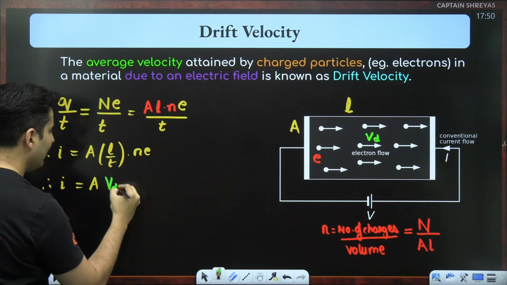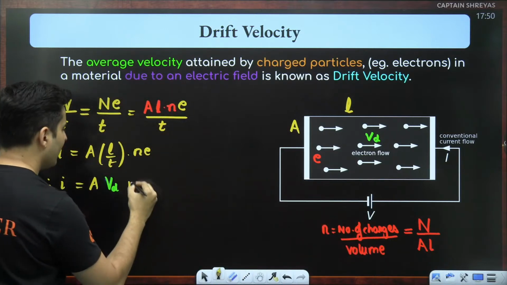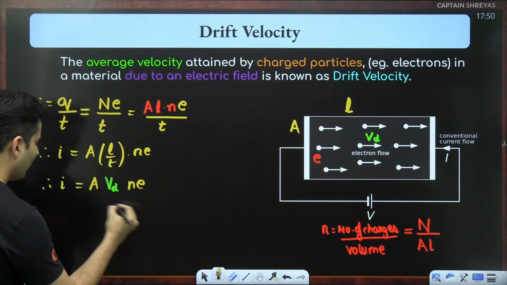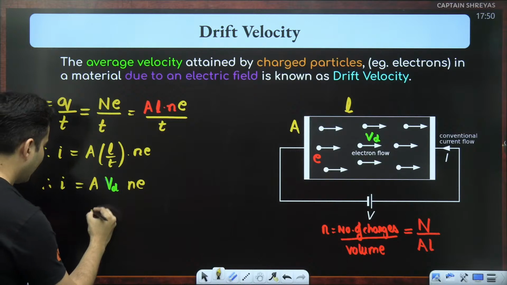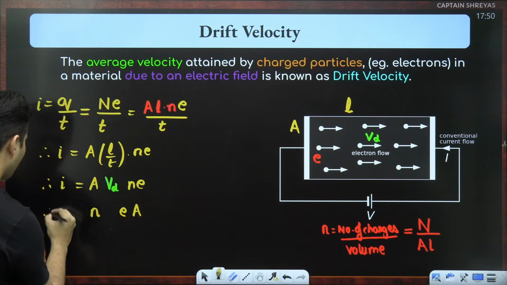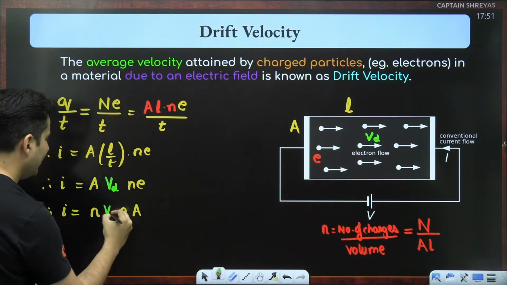So I'll put Vd over here, and n and e as they are. That's it. So I've got a formula, and let me write it down in a very simple way: n, e, A, Vd, and current over here as it is.